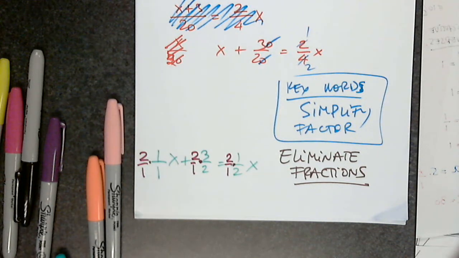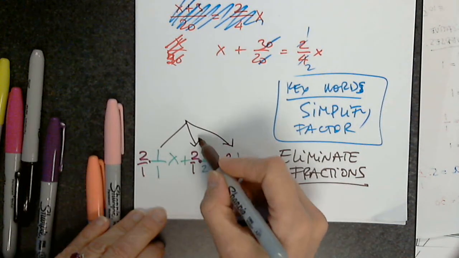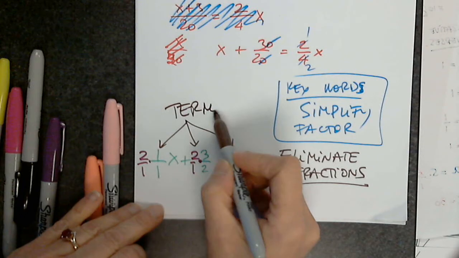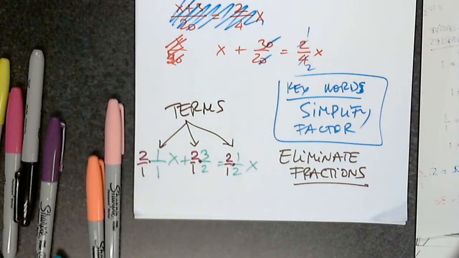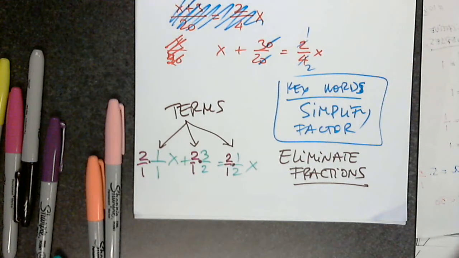So, can anyone give us a simplified form of the first term? So these are 3 terms. We know the difference between terms and factors from last time. So they're all terms. Can anyone give us the simplified form of the first term? It's 2. Right. But now I can eliminate the 1 in the denominator.